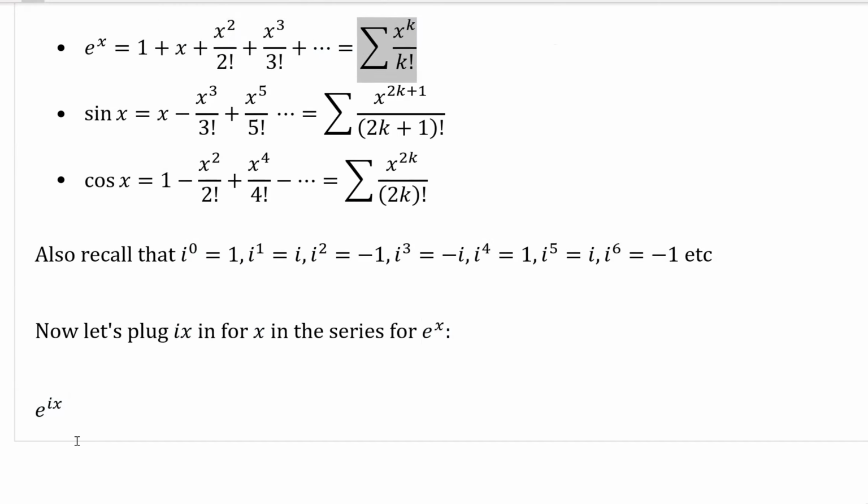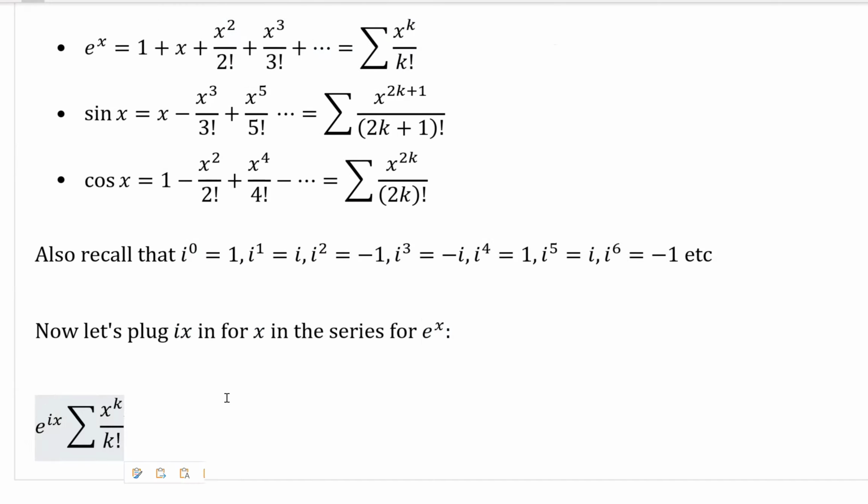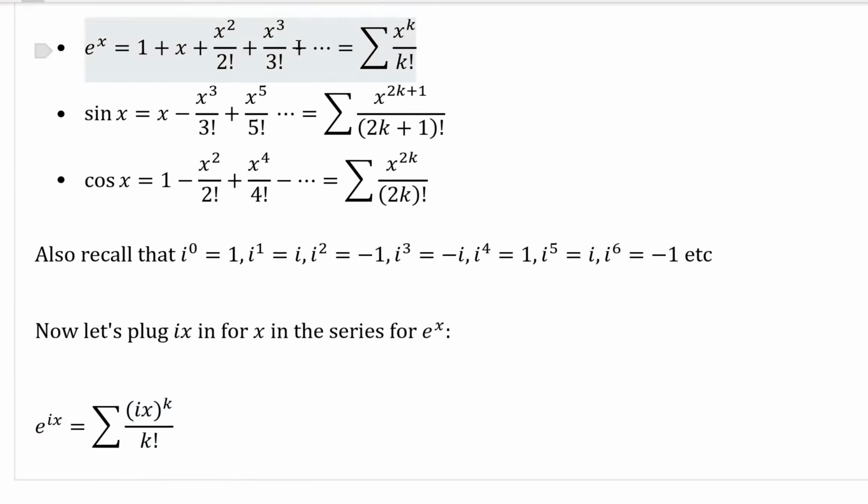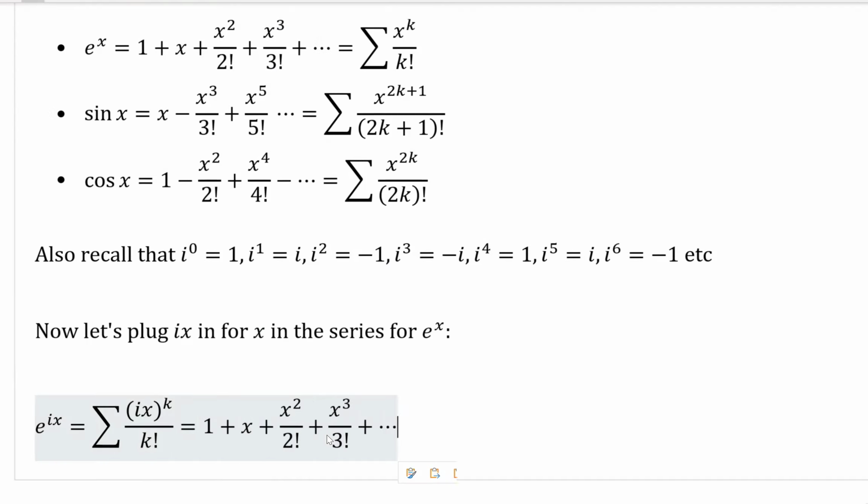Apparently, it would be ix to the k, or using the first few terms written out, in place of x, I'm going to put ix.